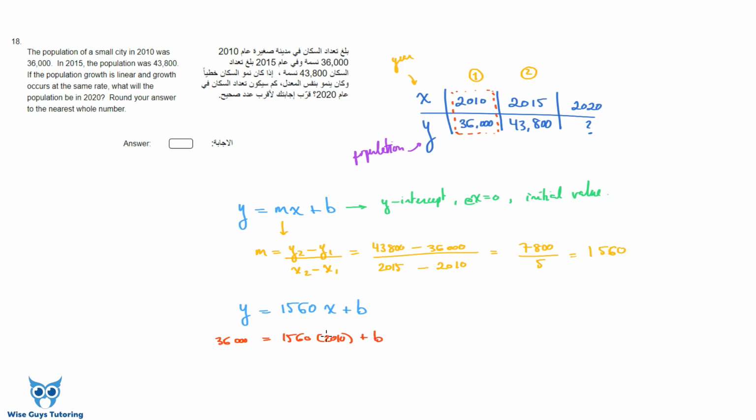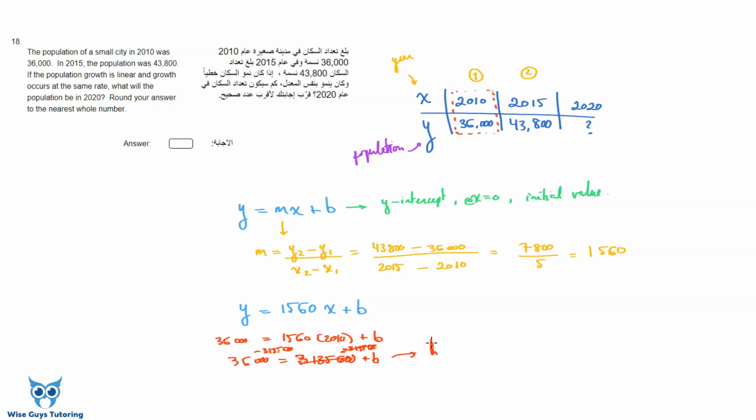So if you multiply these using your calculator, you will get 3,135,600 plus b. And if you want to get b all alone, then you subtract 3,135,600 on that side, and minus 3,135,600 on that side. These cancel out, and you'll get your b.